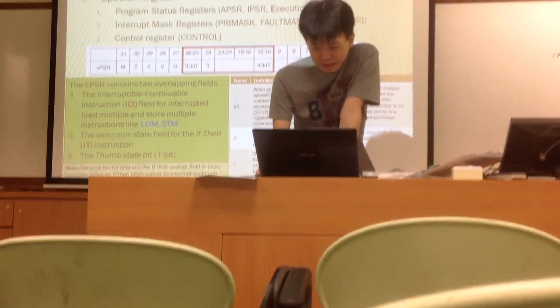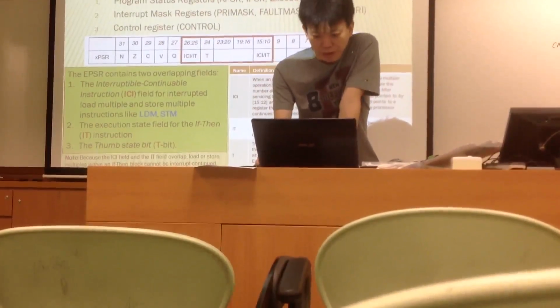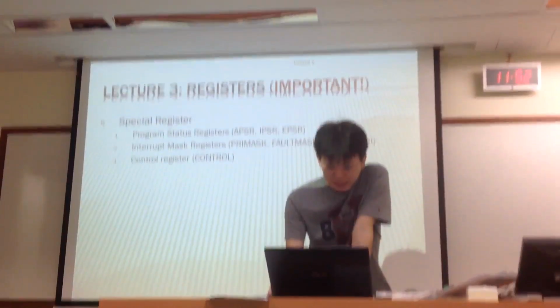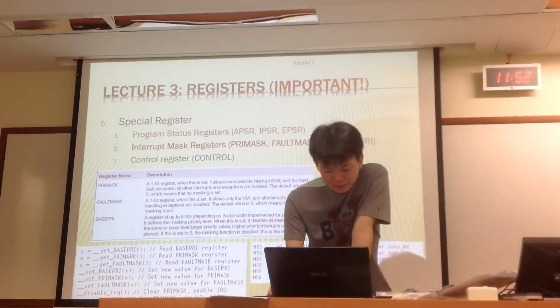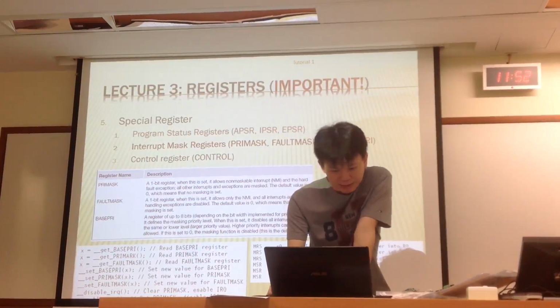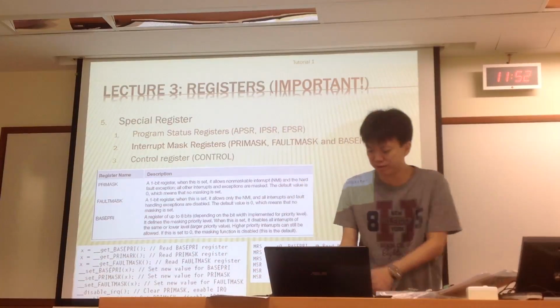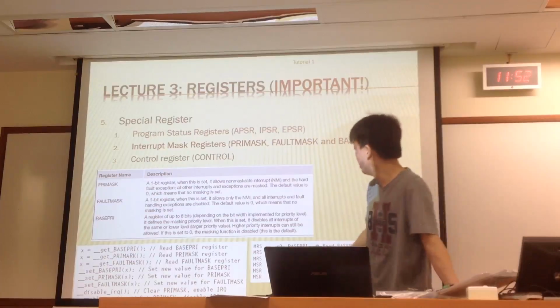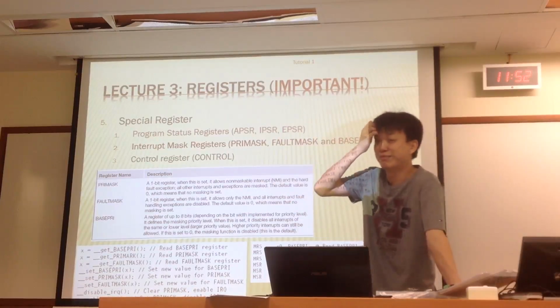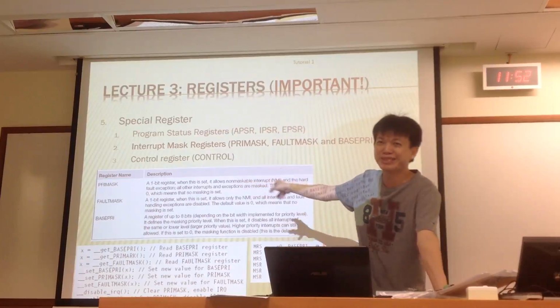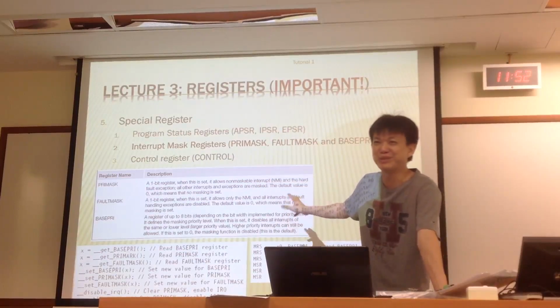After that is the execution program status register. Interrupt, this one you are also going to learn in the next few weeks. In the end you may find that the exam will test you on all these things. But when you do interrupts, although they tell you all these things, you find that you won't be able to use them.